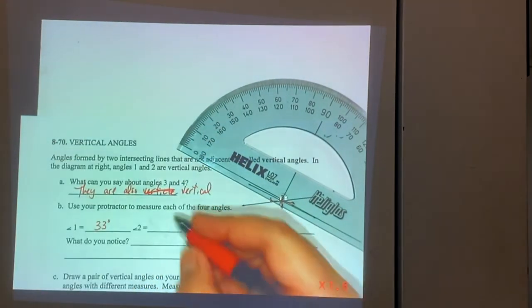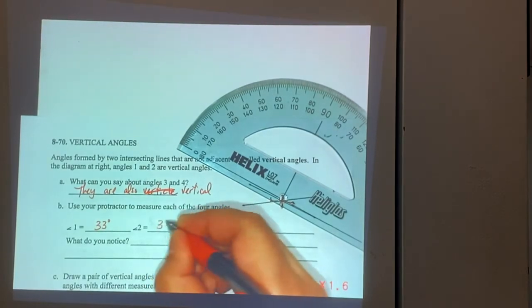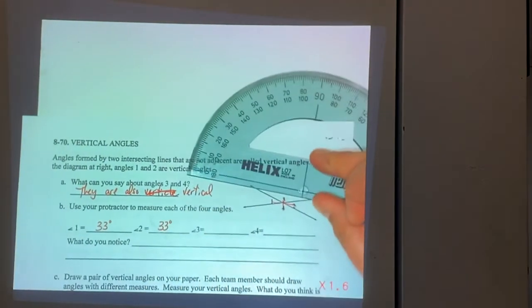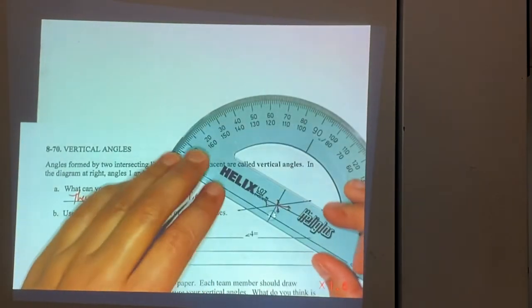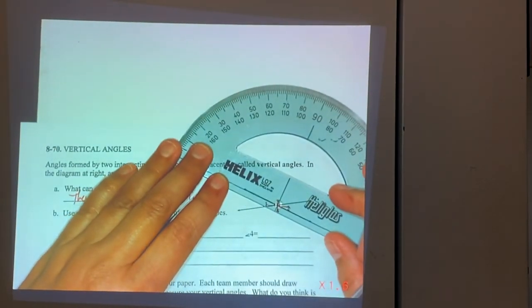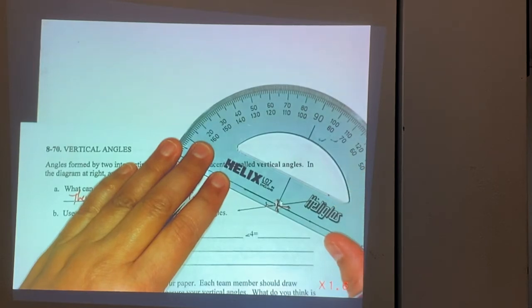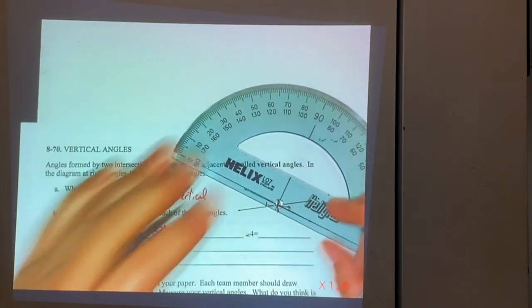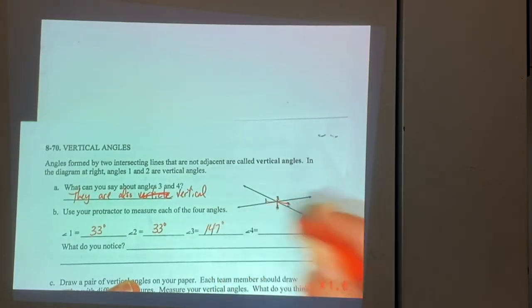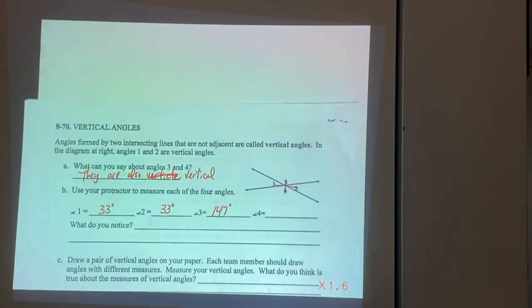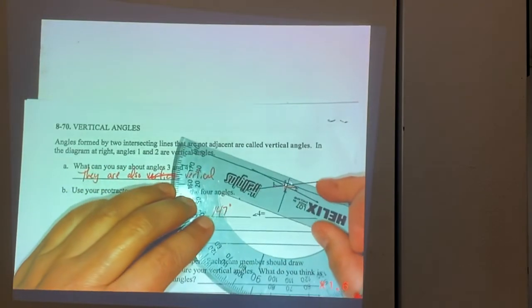Oh, 33 degrees. Angle 3. That's a big one. Don't move it out of screen. What is that? 147. 147 degrees. And angle 4.